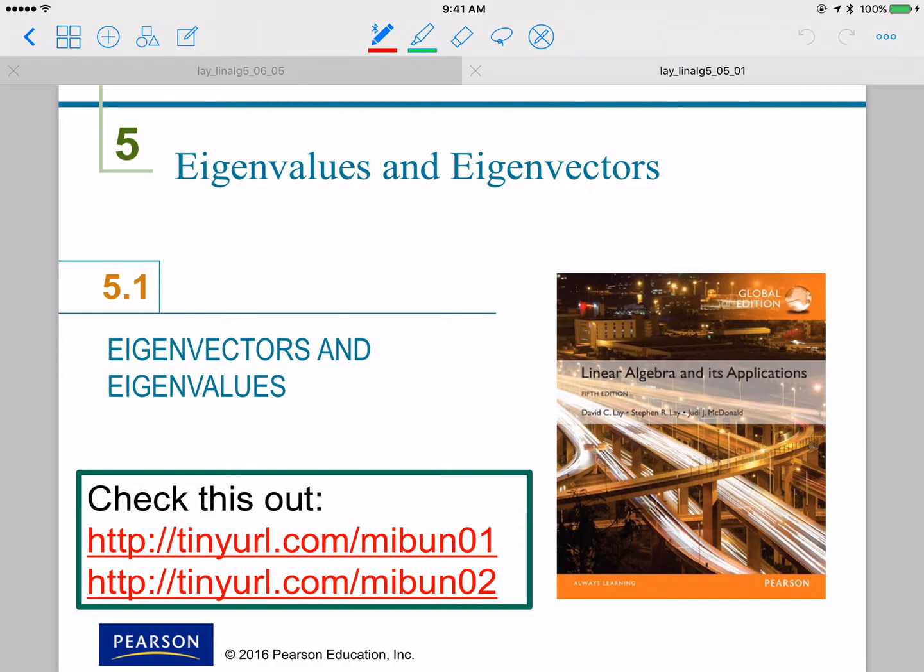Just like linear regression and least squares, you will probably see eigenvalues, eigenvectors and eigendecomposition a few times during your college life. And this is built on top of all the knowledge that we learned in the previous chapters.